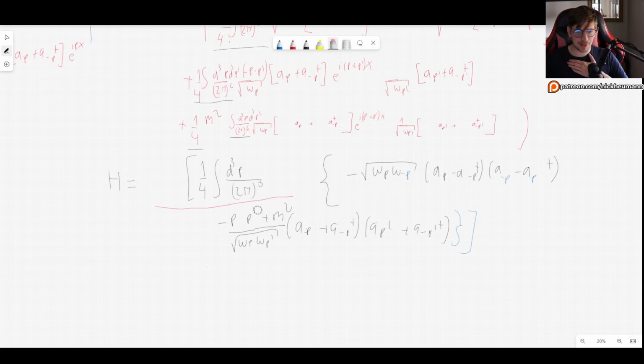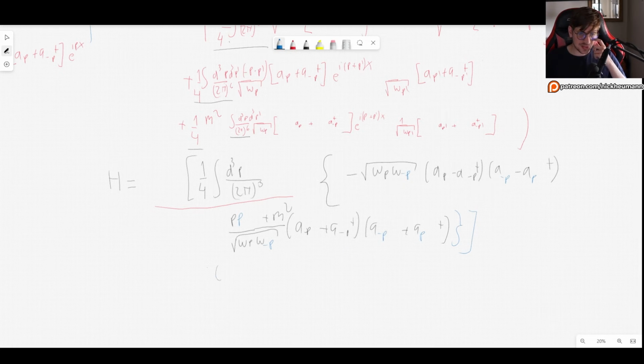Then we have here minus p', so that's going to be plus p, so we get p squared. Then we have here omega_{-p}, and finally here we have a_{-p}, and here we have a_{+p}. So we get rid of the prime and just plus p.